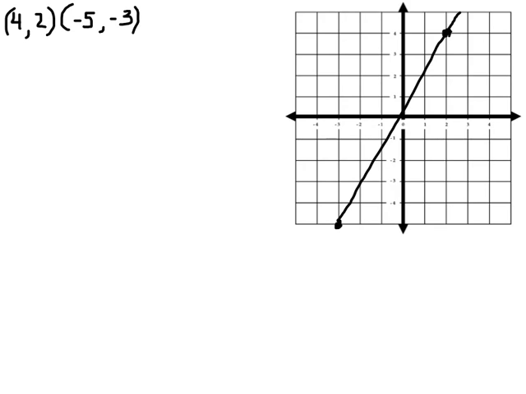Okay, this first example says to find the equation of the line that lies between the points 4, 2, and negative 5, negative 3. So the first thing you're going to want to do is graph that line using those points. And then, like we've learned how to do in another lesson, we're going to draw our right triangle off of that and try to determine the exact slope.